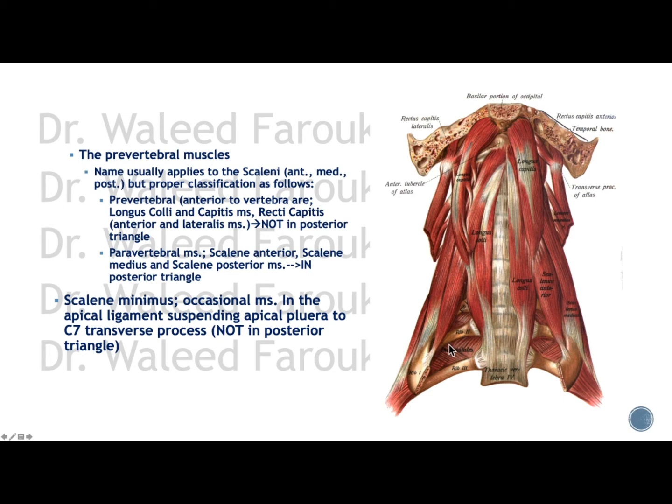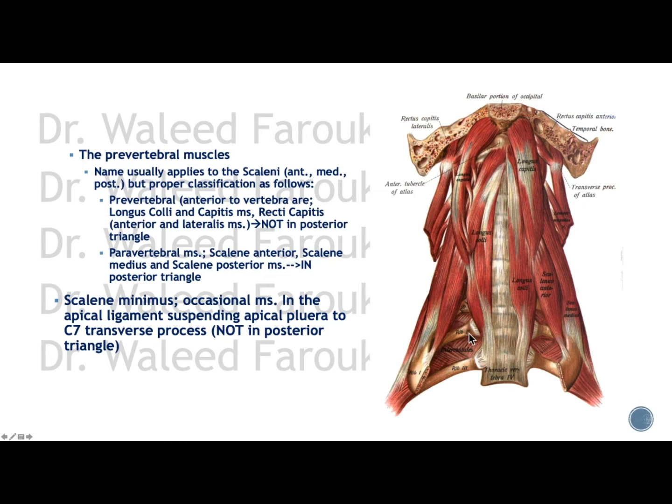Now, for this pleura to be pulled up and not go down with the movements of the lung, it's held in position by a ligament. It's called the apical ligament.